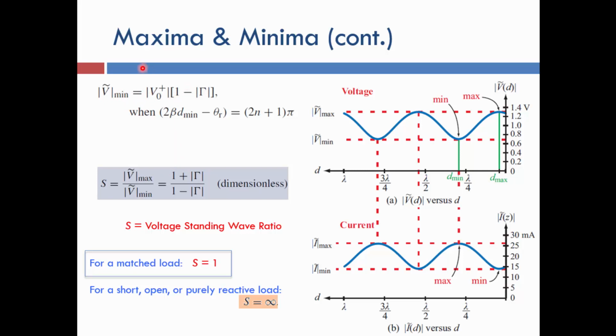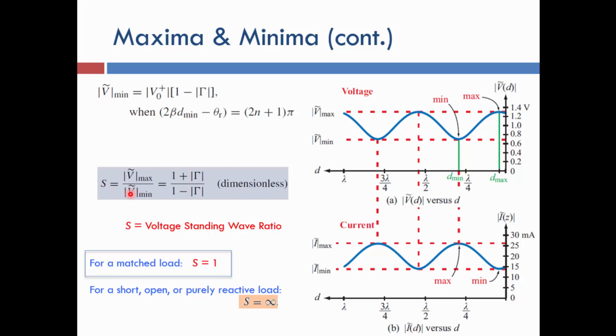So by taking the ratio between maximum and minimum, the magnitude of the voltage will be cancelled, and we will get 1 plus the reflection coefficient over 1 minus the reflection coefficient. Of course, the reflection coefficient here is a magnitude, and this is symbolized by capital S, referring to the standing wave ratio.